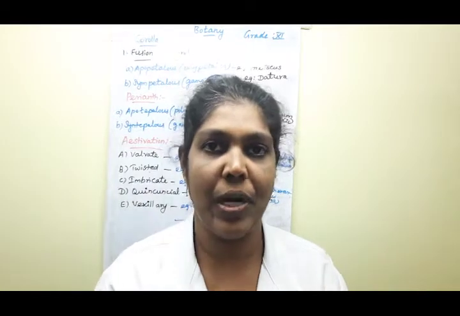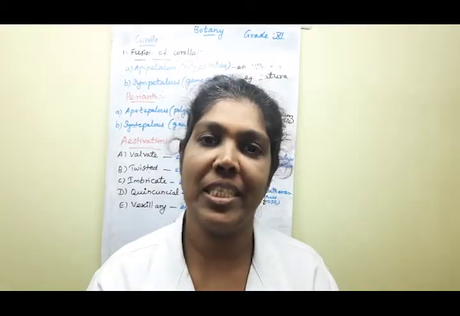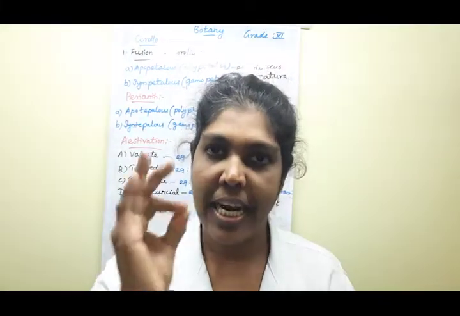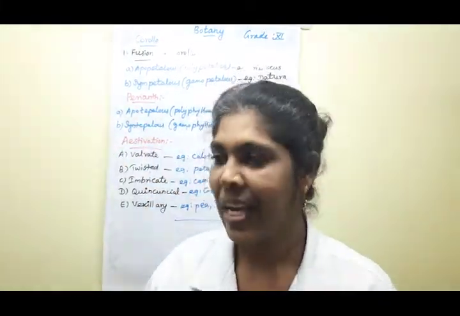I am going to ask one question. What is the technical term used for this shape of calyx? Campanulate. Yes, very good, the bell shape.